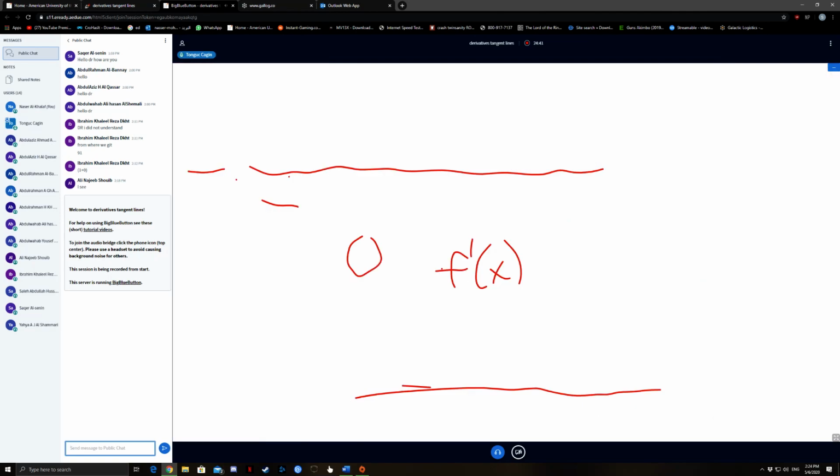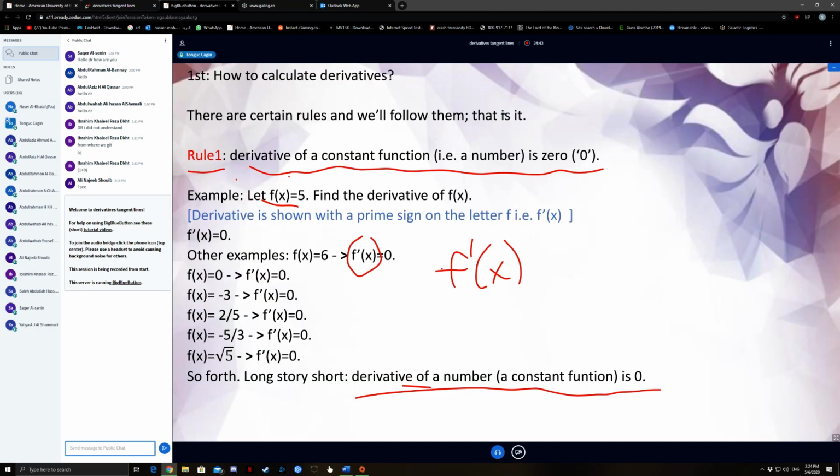Let's make a recap. Rule 1 says derivative of a constant function is 0. So if they give you a function which is constant, which means the function is equal to a number like f(x) equals 5, derivative is 0. No calculation or whatsoever, it's just 0.